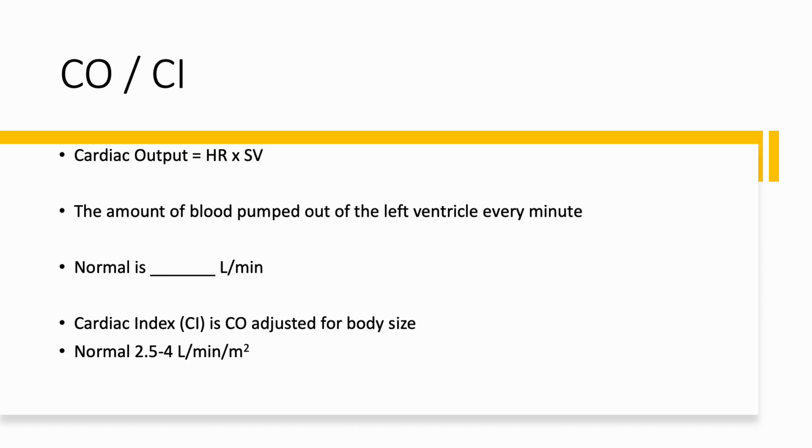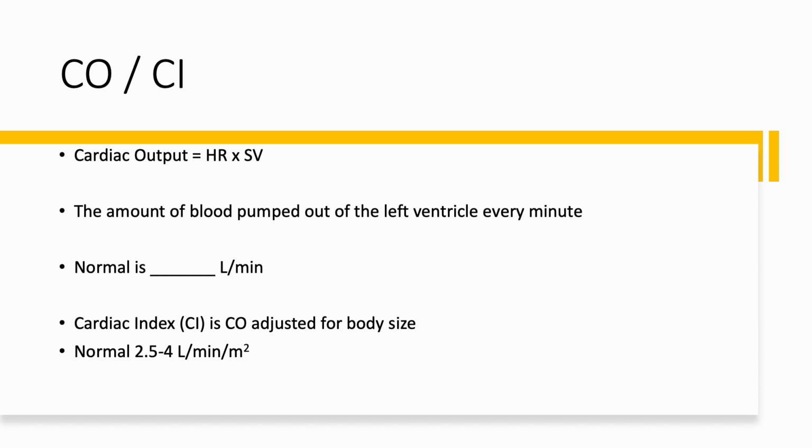Cardiac output represents the total amount of blood pumped by the left ventricle every minute and is calculated as cardiac output equals heart rate times stroke volume. Your normal cardiac output typically ranges from 4 to 8 liters per minute, depending on the individual's metabolic needs.